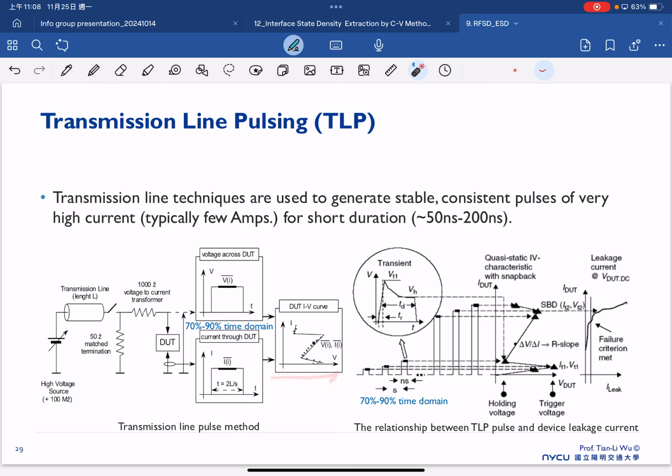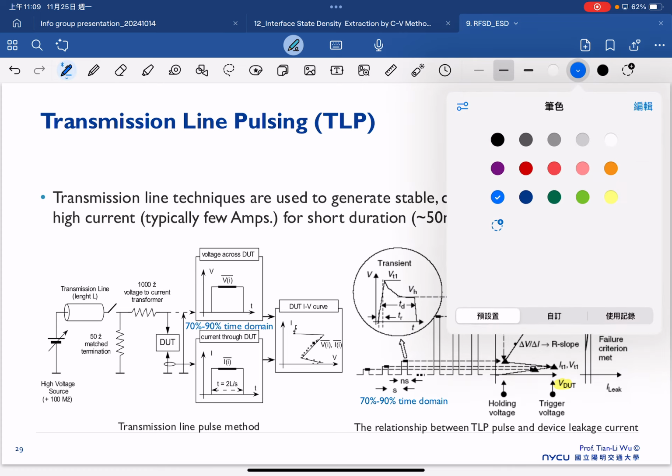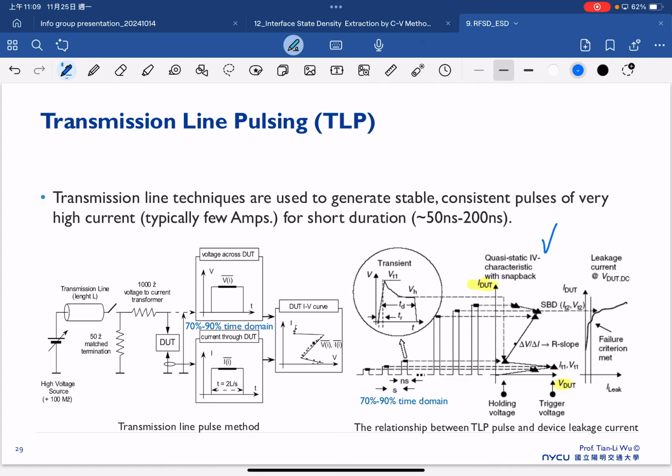So the idea is that we gradually increase the pulse voltage, and for each pulse voltage we record the current, until at a certain moment we start to see something. This is the current in the device, and this is the voltage in the device. So we can use this graph to look at the ESD latch-up event here.